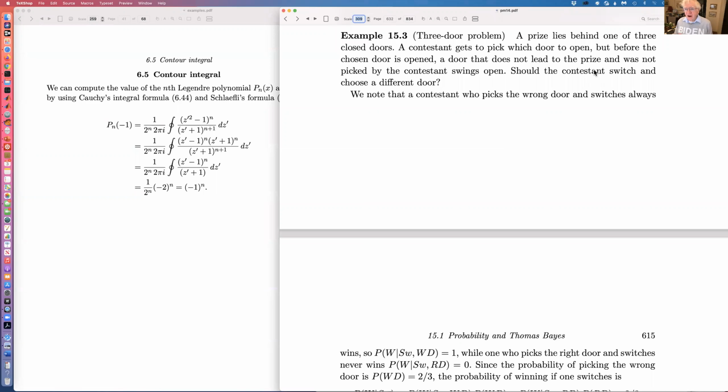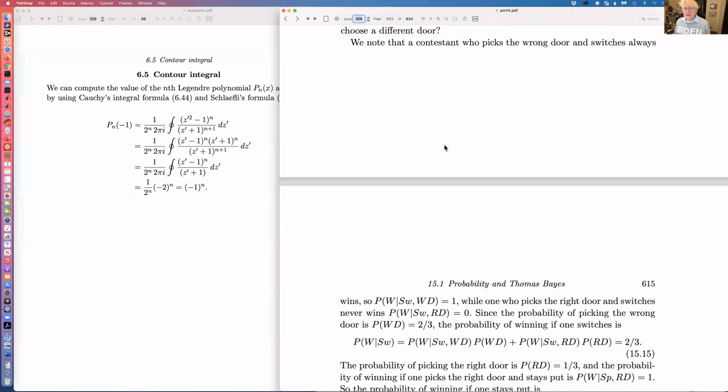Okay, so suppose there's a prize behind one of 3 closed doors. The contestant gets to pick which door to open, but before the chosen door is opened, a door that does not lead to the prize and was not picked by the contestant swings open. Should the contestant switch and choose a different door?